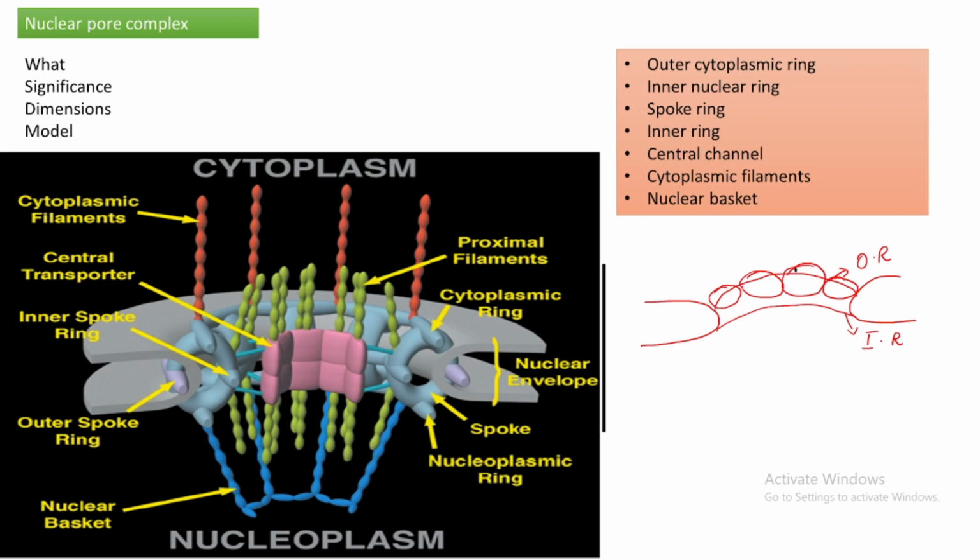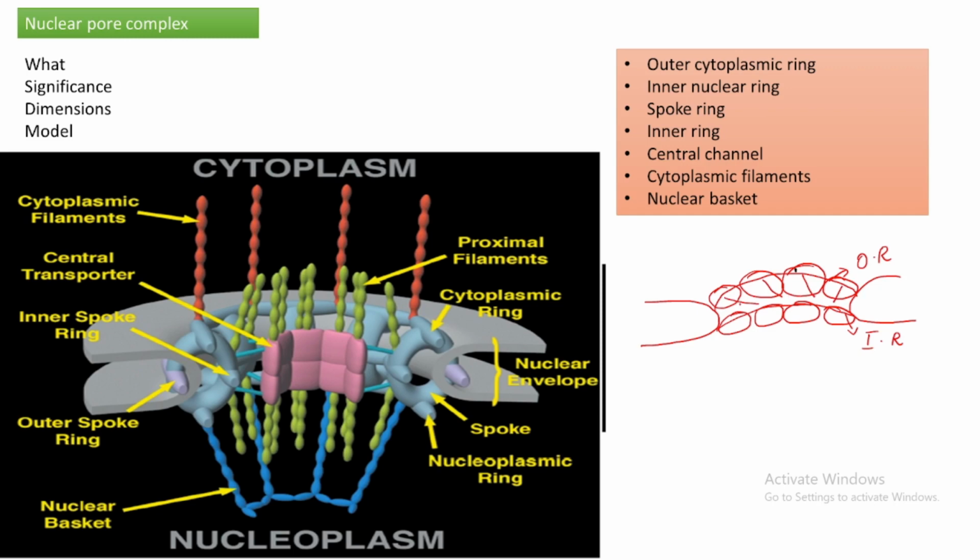And similar to this outer ring, the inner ring is also composed of 8 protein subunits. Clear? And from these two rings, spokes are arising. What do you mean by spokes? Is it clear to you?